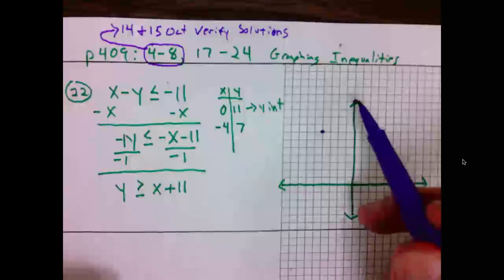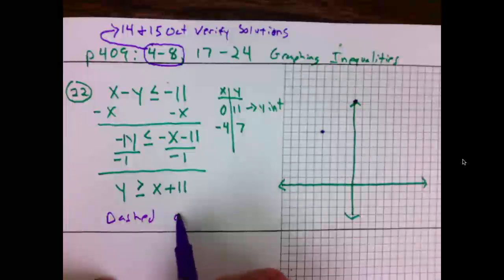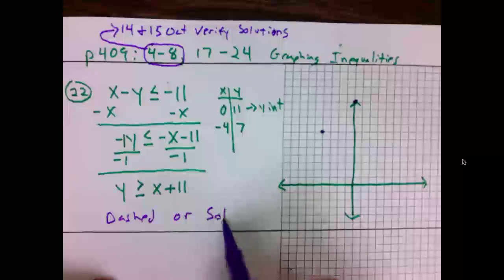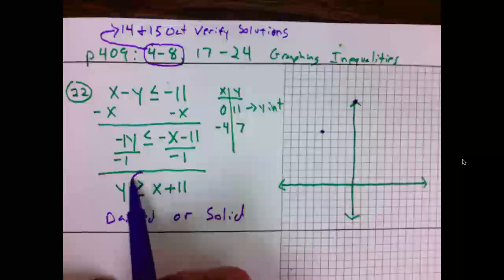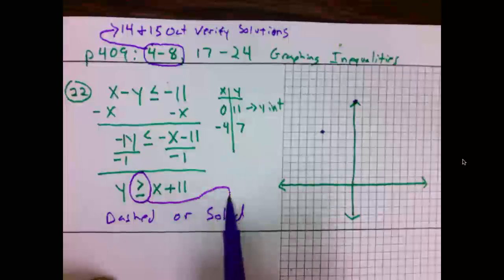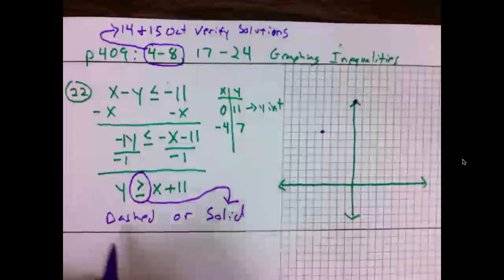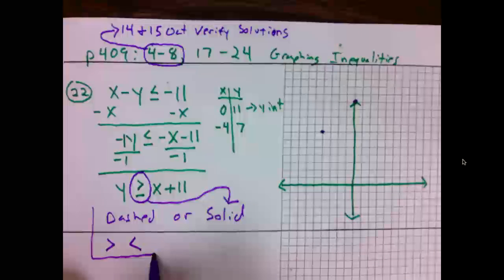The question is, should it be dashed or solid? Well, when there is an equal to with the inequality, it produces a solid line. If there is no equal to, if it's simply a greater than or less than, that will be a dashed line.